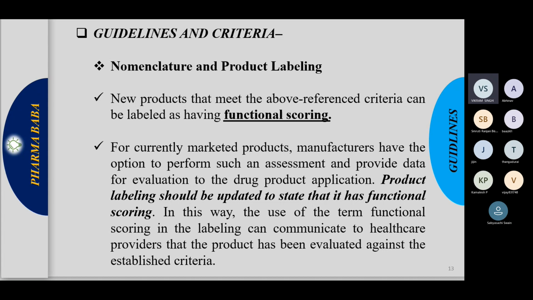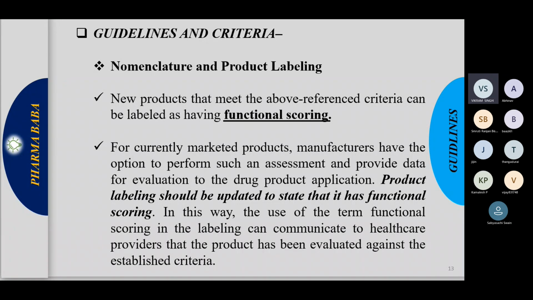For currently marketed products, manufacturers have the option to perform such an assessment and provide data for evaluation to the product application. Products which are already marketed can also do this evaluation. Product labeling should be updated to state that it has functional scoring. Why does FDA mention functional scoring? So that your labeling itself can communicate to the healthcare provider that the product has been evaluated against the established criteria.